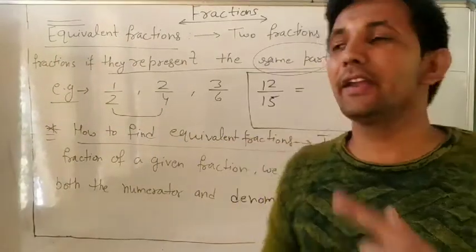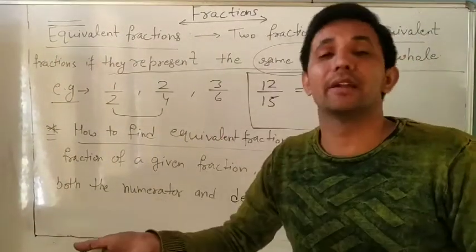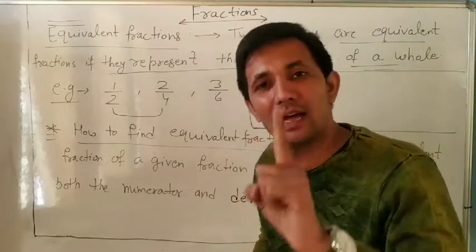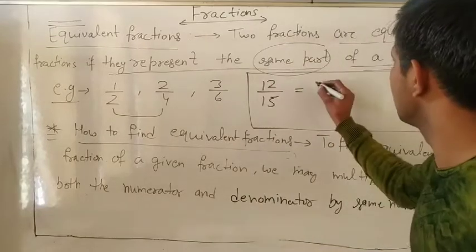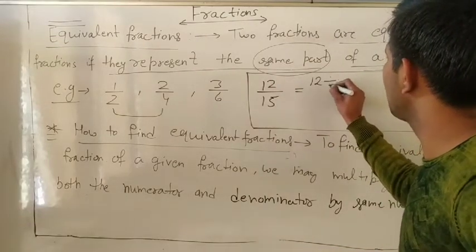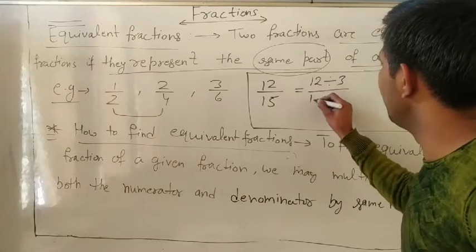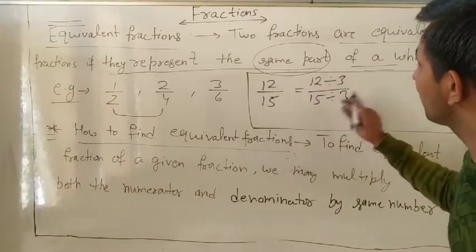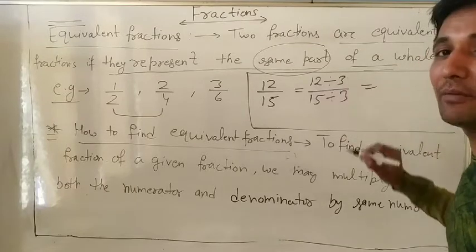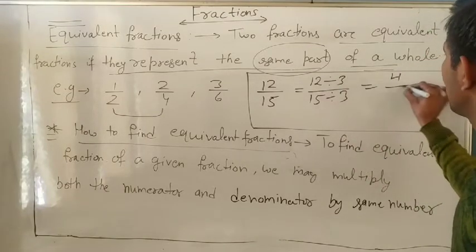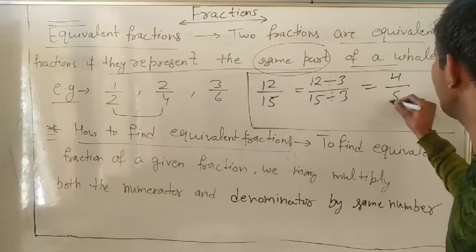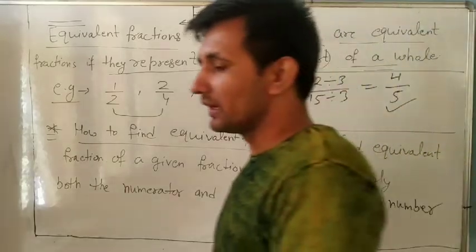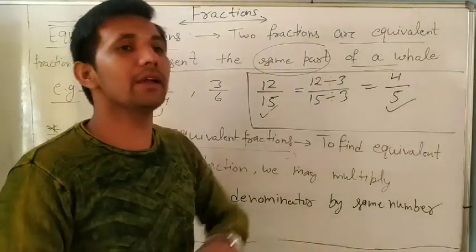Now we are finding the equivalent fraction by dividing, but also by the same number. 12 divided by 3 is 4, and 15 divided by 3 is 5. So this one and these two are also equivalent fractions.